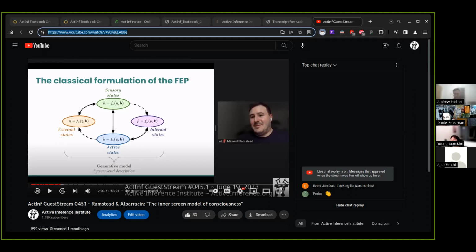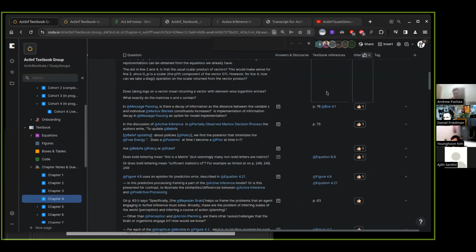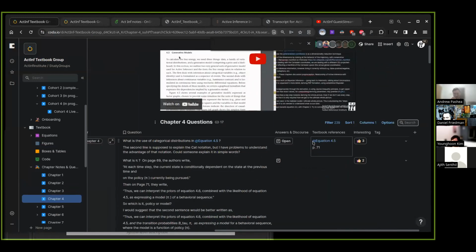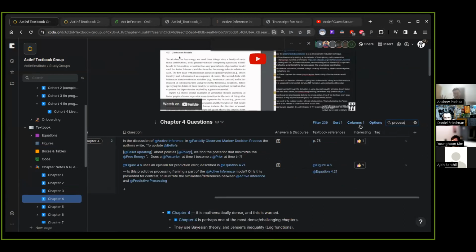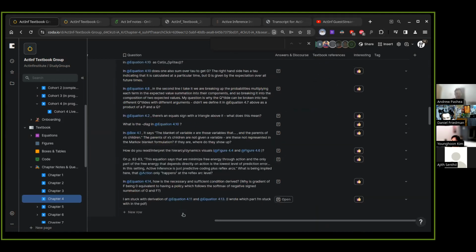I don't want to pull too far away from the current formulation being discussed, but something that has been useful for me, and please correct me if I'm misstating this, with differentiating the generative model and the generative process, is that the generative model is presumed to have something like preferences, its own C matrix or its own homeostatic set points, which I believe the generative process does not have.